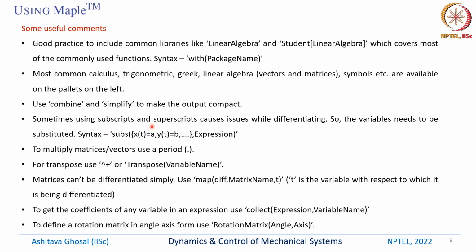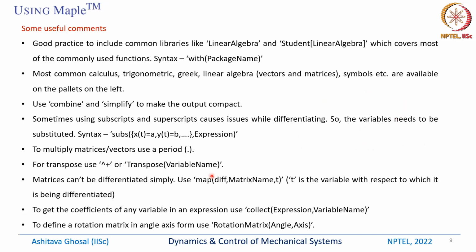Sometimes using subscript and superscript causes issues while differentiating. Okay, so if you want to differentiate cos theta, Maple will give you minus sine theta. You need to practice once in a while to find out exactly what is happening.